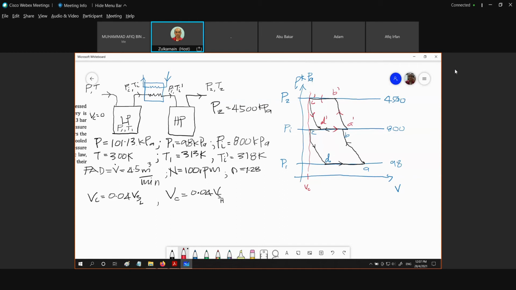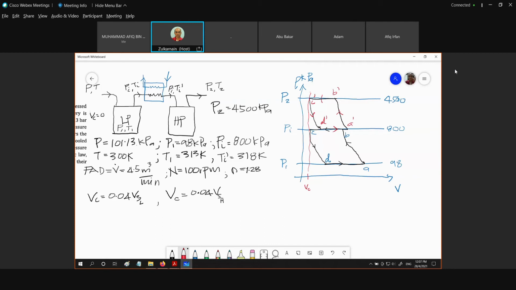1, 2, 3, 4. We have 4 states, which is the P and T. Oh, sorry, 1, 2, 3, 4, 5 states. Right? This is the state of PT, the free air delivery state. This is our end of the induction stroke for the low pressure compressor.